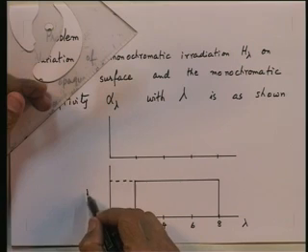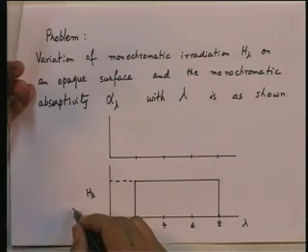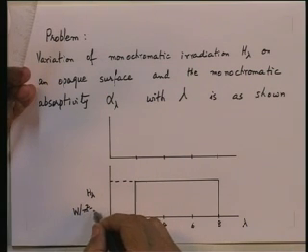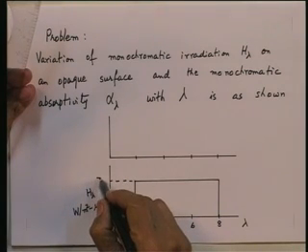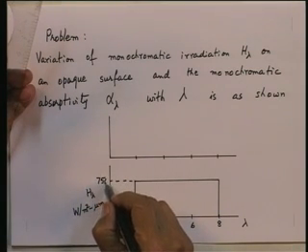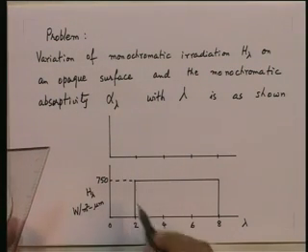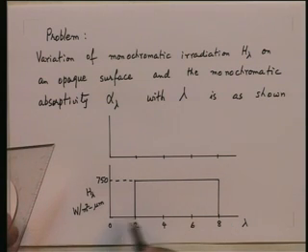This is H lambda in watts per meter squared micron and the value is 750. All right. So, the value is 750 from 2 to 8 microns, otherwise it is 0.